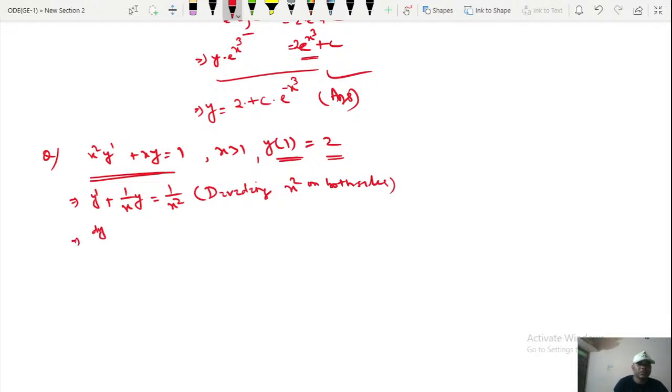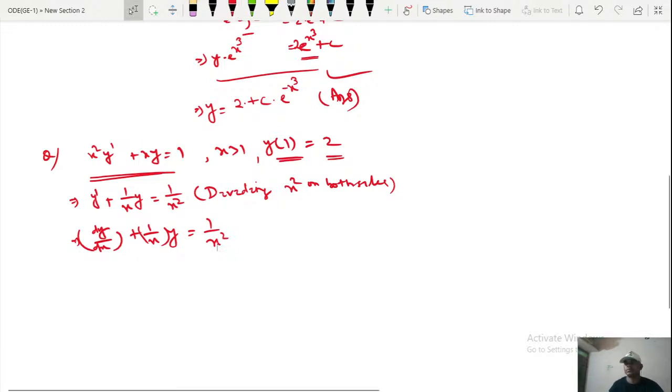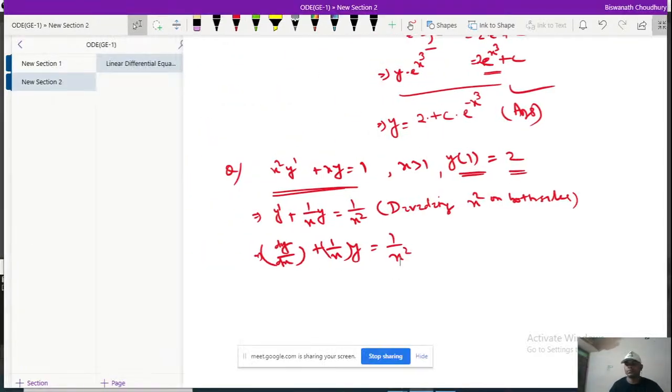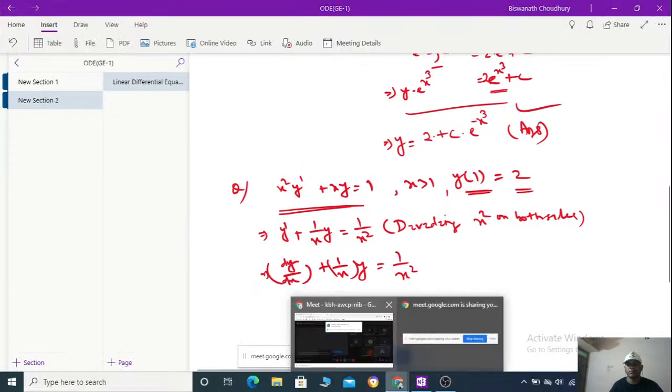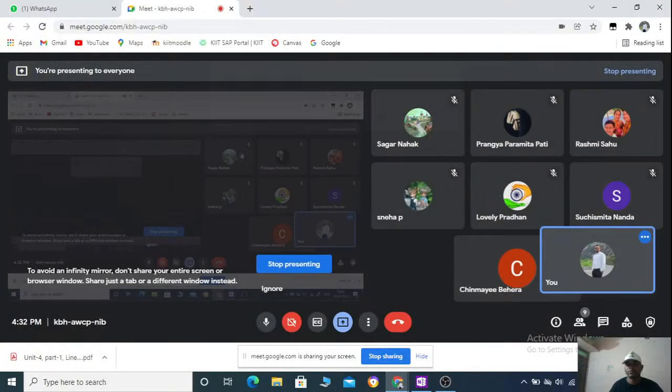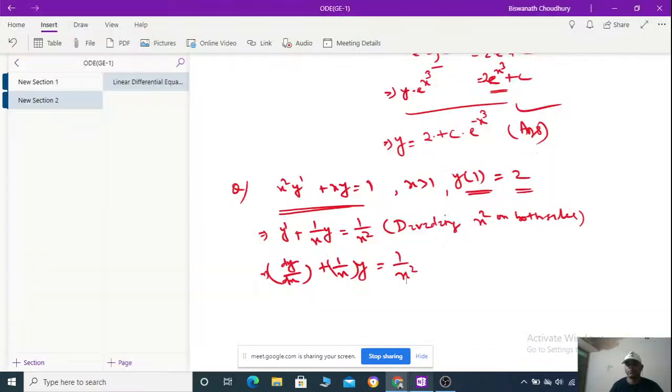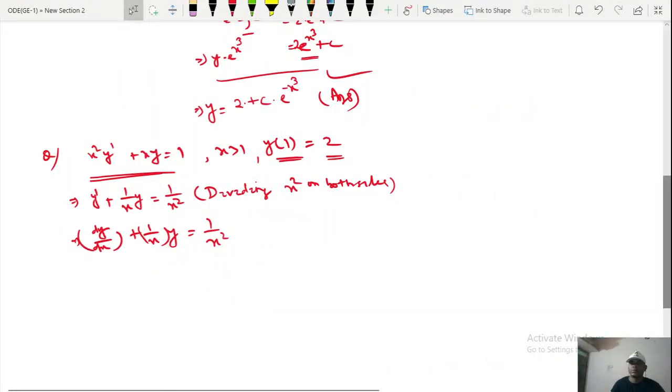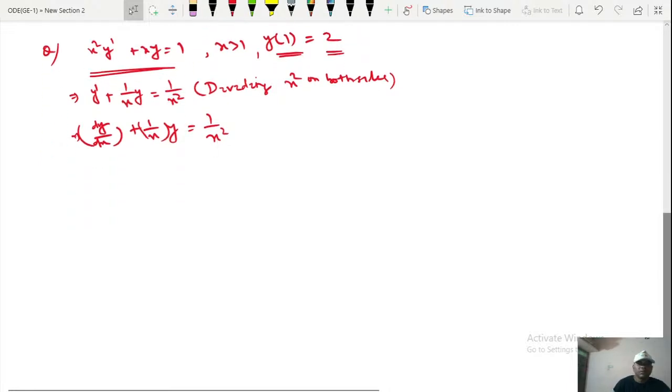This y dash means dy by dx, so dy by dx plus 1 by x into y equals 1 by x squared. Now this is in linear form.